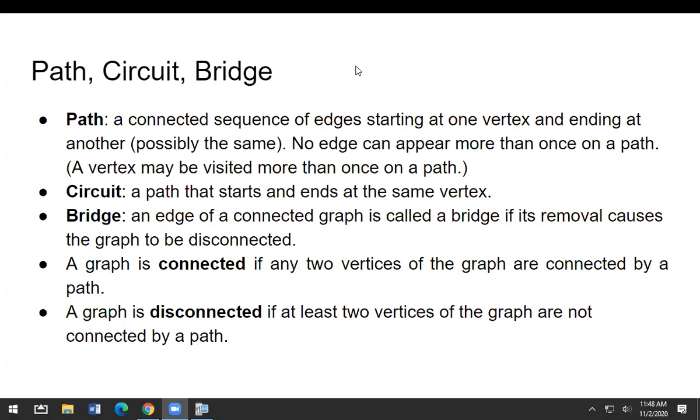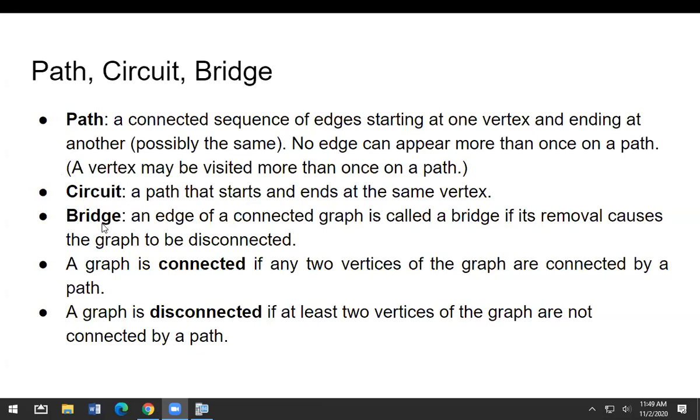But if the starting vertex and the ending vertex are the same, then you come back to yourself, and it becomes a circuit. But if you go somewhere else, it's a path. So path includes circuit. Not all paths are circuits, but all circuits are paths.